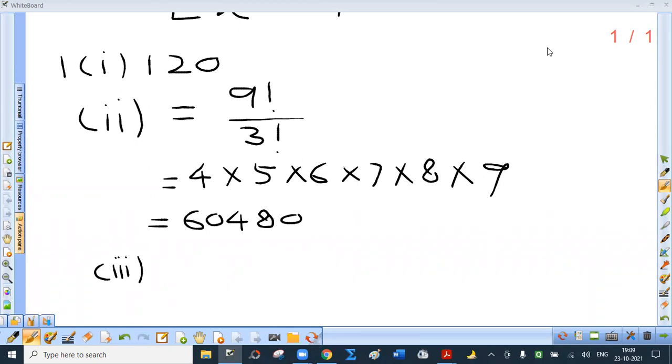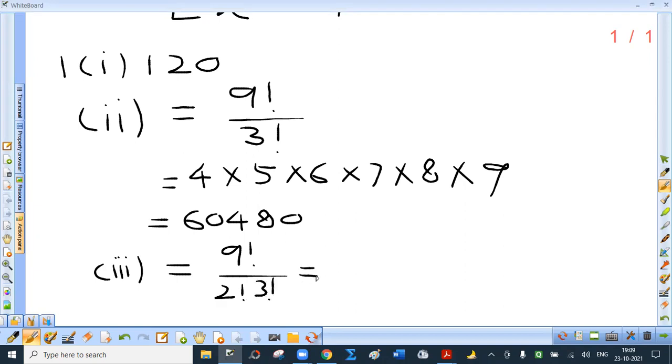Therefore, number of distinct permutations equal to 9 factorial upon 2 factorial, 3 factorial.